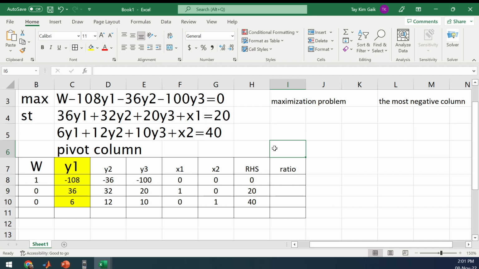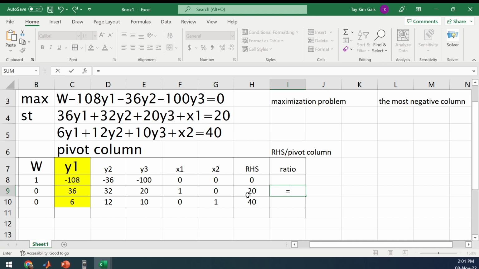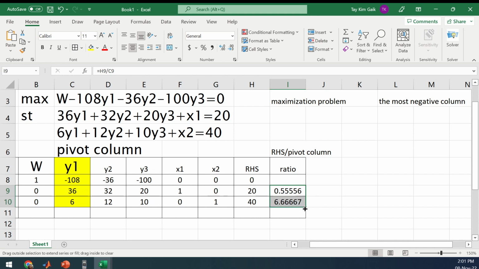The ratio is the right hand side divided by the pivot column. Find the ratio starting from the constraints only. The smallest positive ratio gives the pivot row.